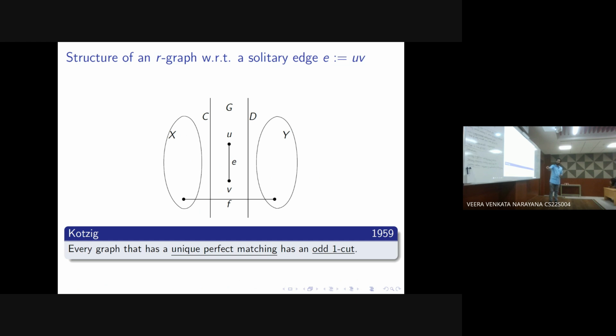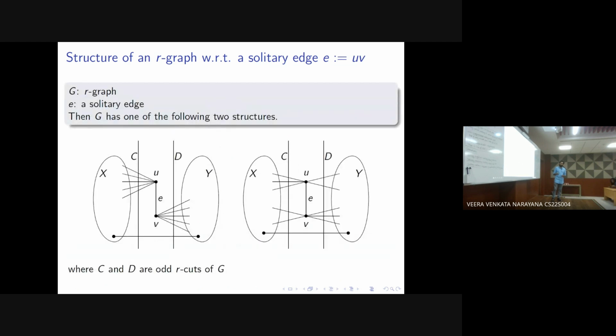Because from X at least r minus 1 edges need to come from Y, and here also we need r minus 1 and r minus 1. So C and D are r-cuts and also odd cuts, odd r-cuts.